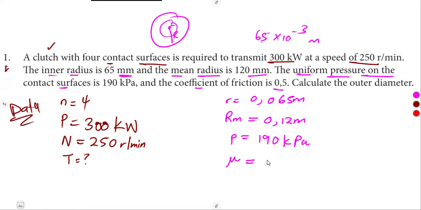So the question was, calculate the outer diameter. Remember, the inner diameter is going to be small letter d. So we need to know the outer diameter. That is our question here. So how can we attempt this? How can we get our outer diameter?